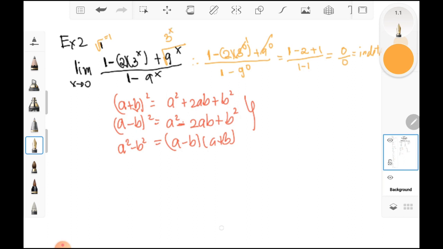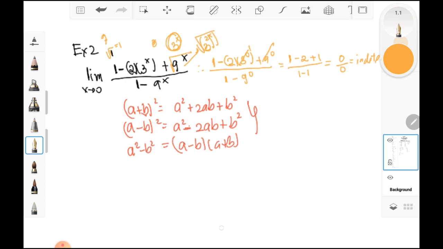Okay? So paano nangyari yun? Basically because 9 can be rewritten into 3 squared multiplied by x. Okay? So pag kinuha mo yung square root nyan, you will have a value equal to 3 raised to x. Alright? So from there, I can already determine my a and my b.